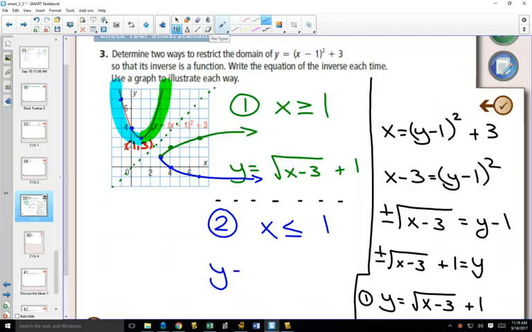Our equation would be the negative square root of x minus 3, plus 1. Does it make sense that that blue inverse graph is a square root graph that's been flipped over the x-axis, moved 3 to the right, and then 1 up?